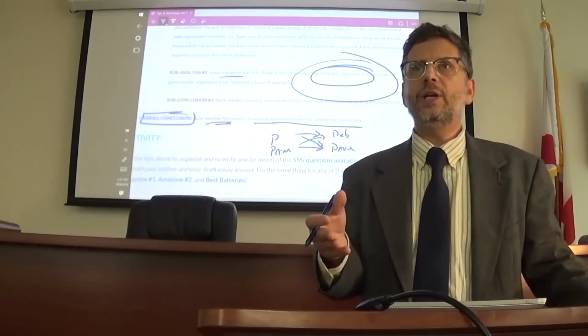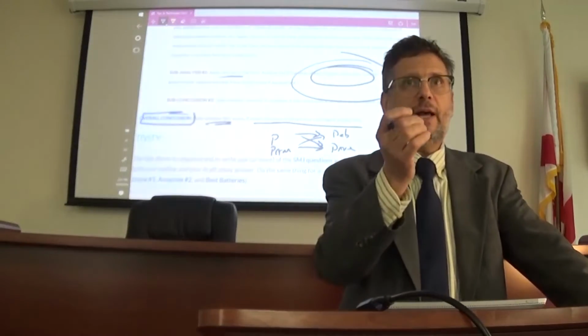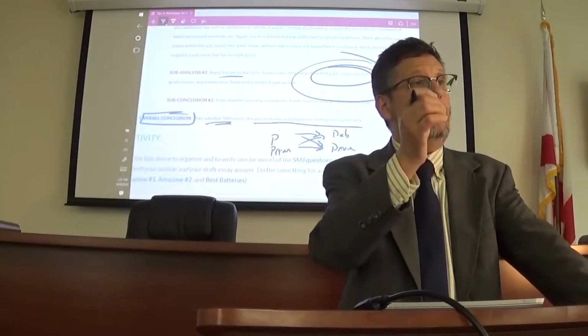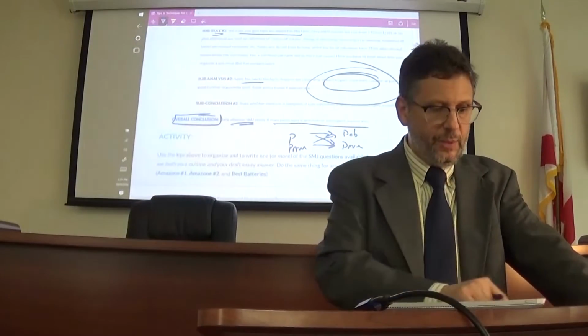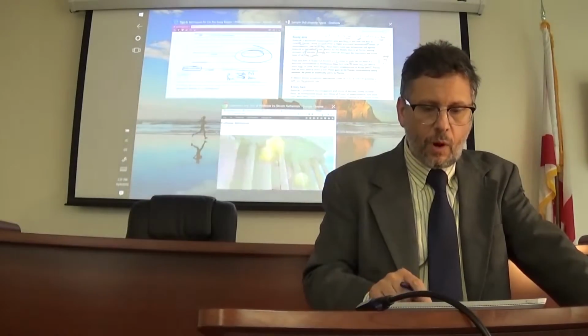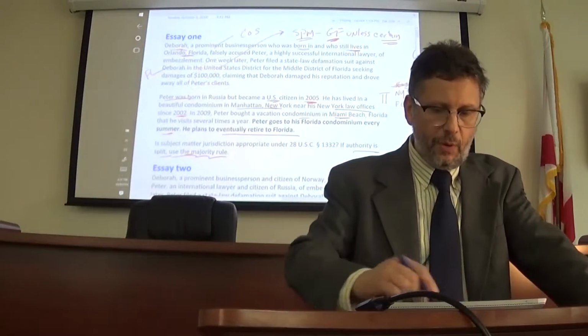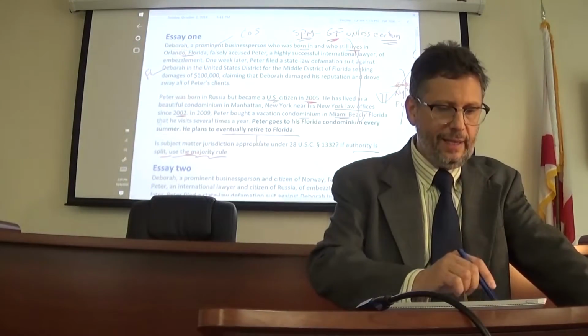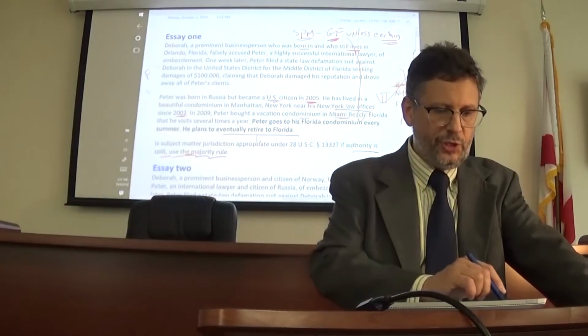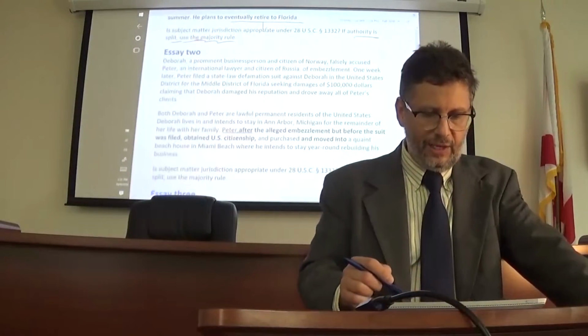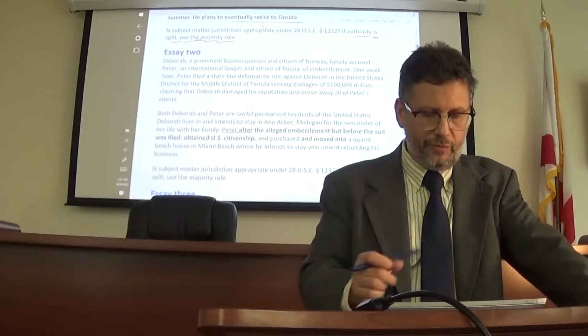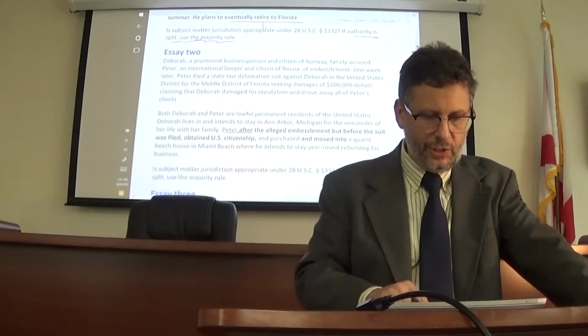Now, in terms of your studies, I recommend that you, if you haven't done it already, and I think a lot of you have, but start off with the simple, where are they? The simple SMJ fact patterns, right? SA1's a pretty straightforward one. SA2 involves alienage, right?